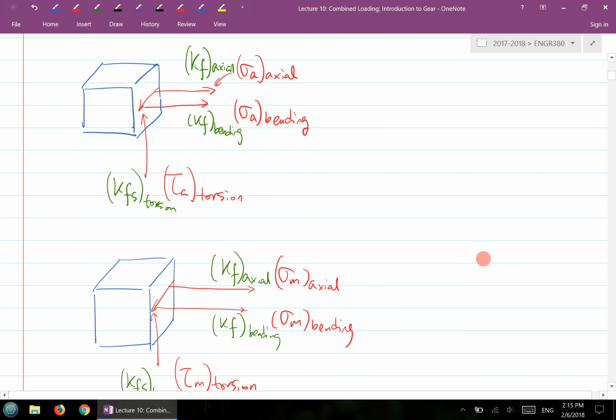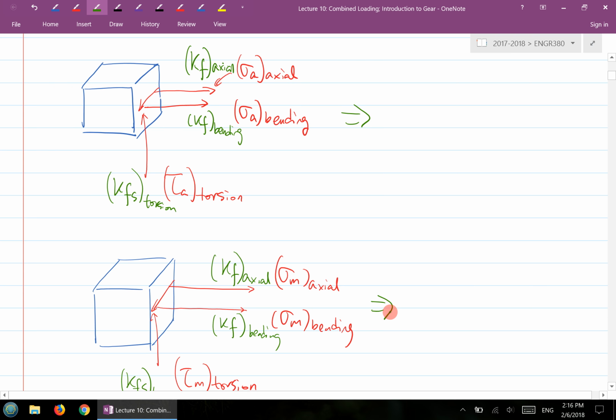Given a stress element that is under combined loading, I'm separating the amplitude component from the mean component. I'm taking all the possible sources into consideration and putting it over here. Then from here, the idea is I want to recycle the modified Goodman line.